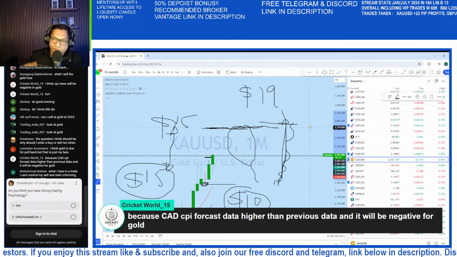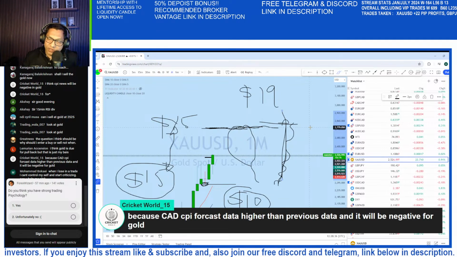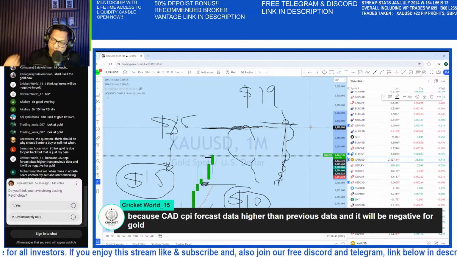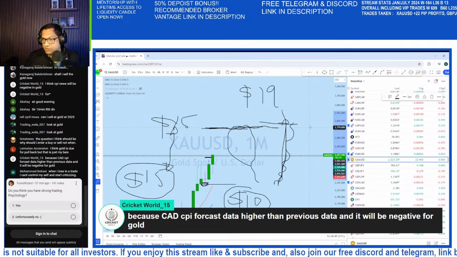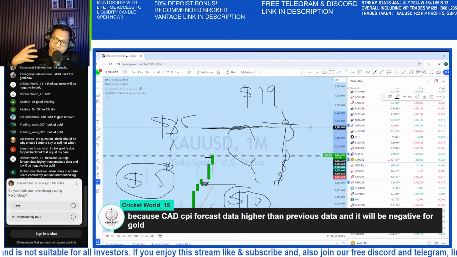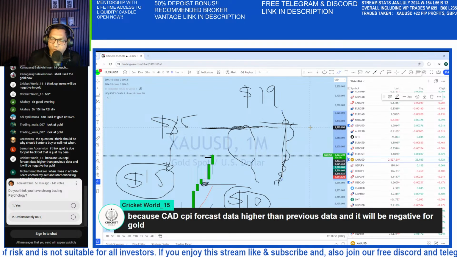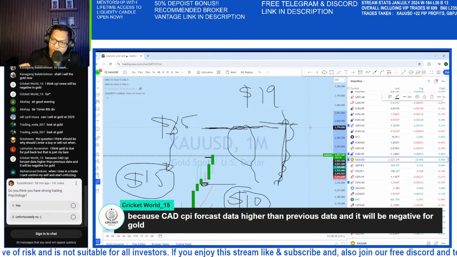There are a lot of factors that, as a retail trader, it is very difficult for us to understand, such as how the actual data will impact the market. The only information that we have as a retail trader is the candlestick pattern, price action, which is more than enough. Even the institutional trader uses price action as a primary source of trading the market.